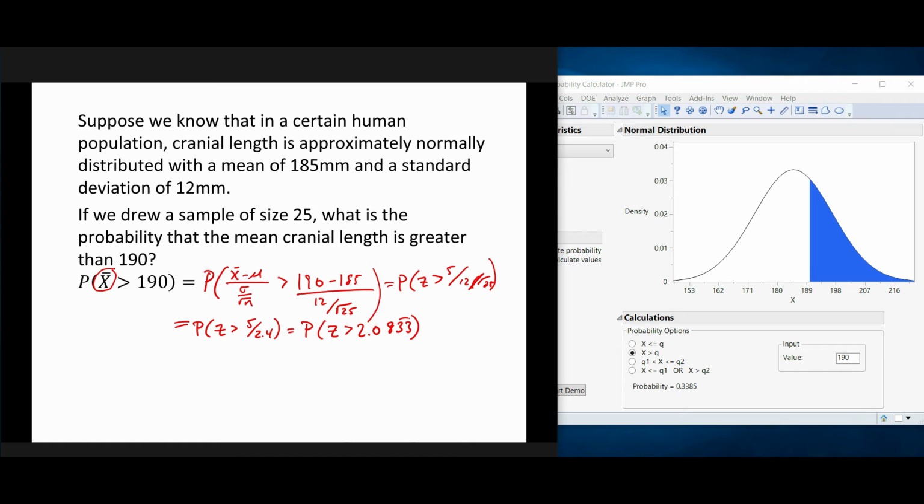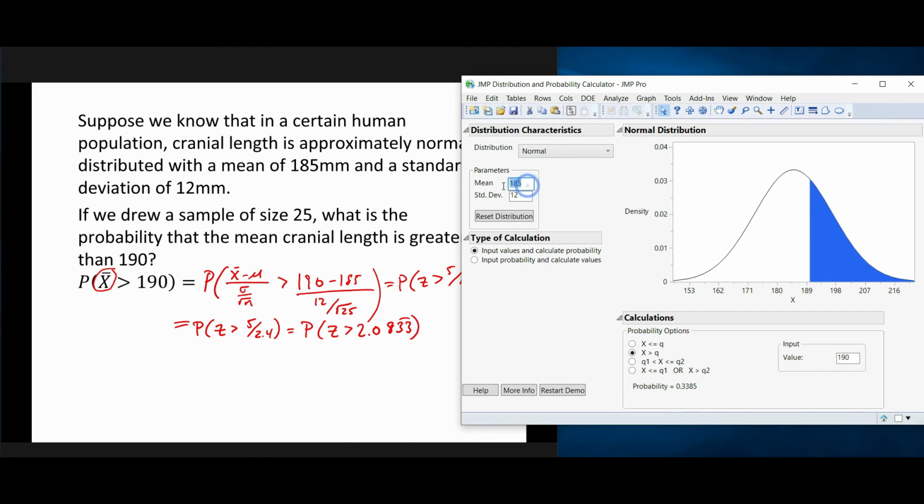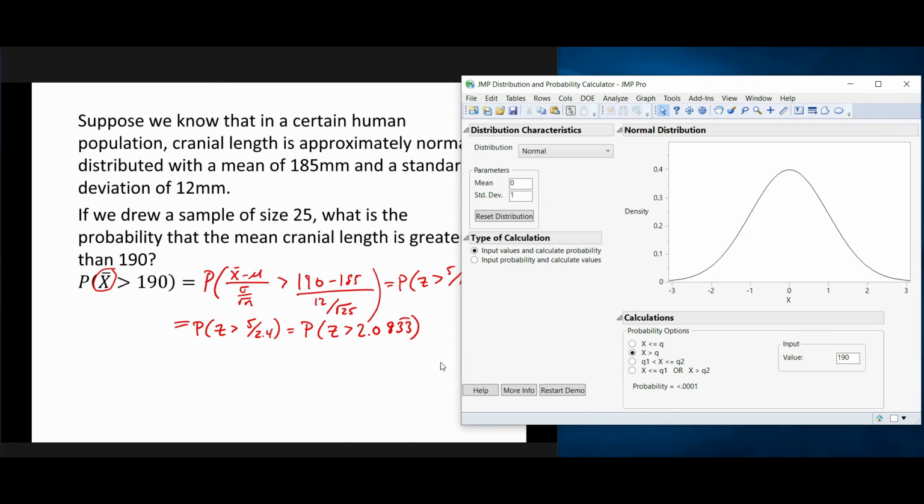And now what we'll do is we'll just come to our distribution calculator, put in a standard normal distribution. Probability z is greater than 2.083333, and that is equal to 0.186.